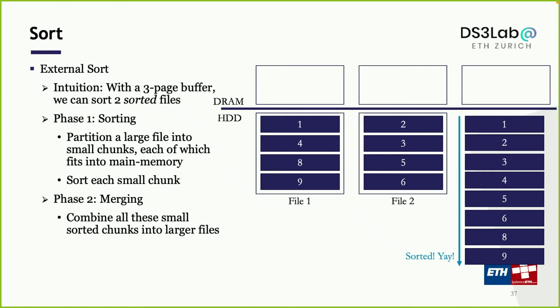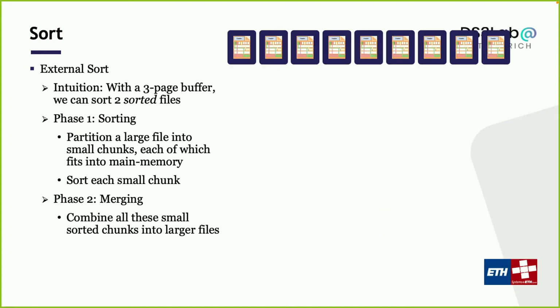Each small chunk is small enough to fit into my buffer, so that I can do quick sort on them. Once I have that, I have a collection of small chunks on my hard drive, each already sorted within itself. Then in the second phase, I merge them together using this very simple intuition. And that gives you a very, very powerful algorithm.